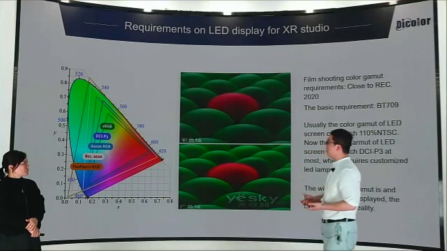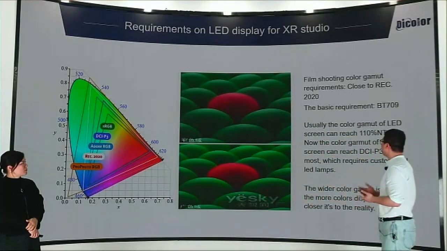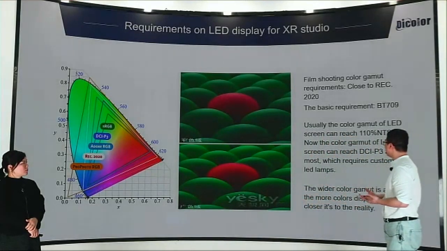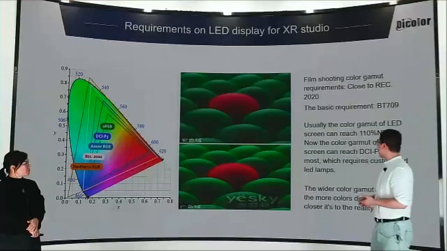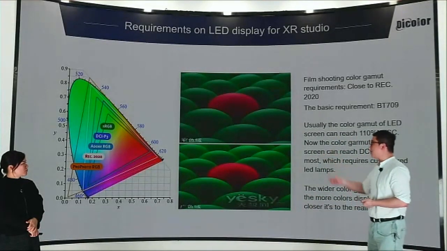But usually the color gamut of an LED screen can reach 110% NTSC, and now it can reach DCI-P3.